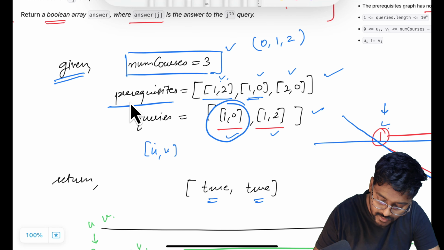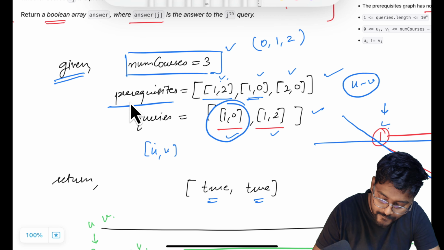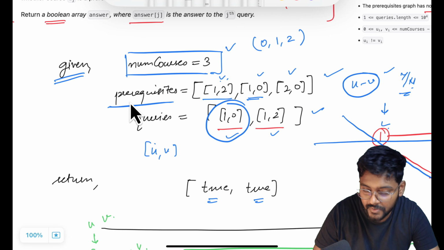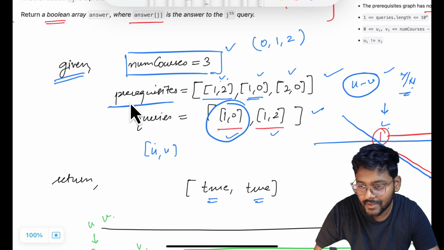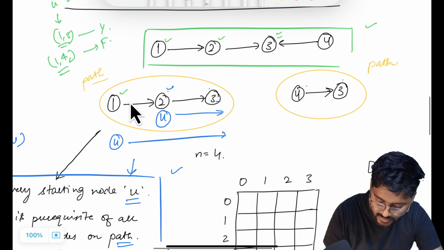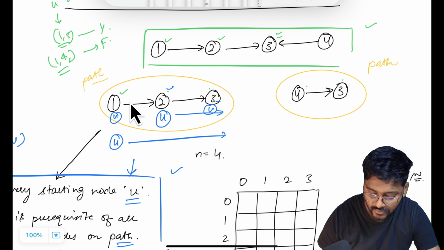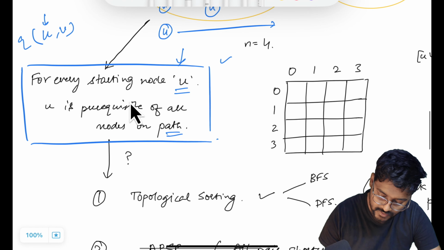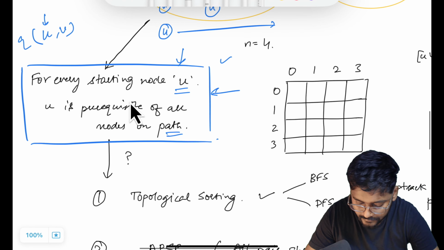For every query u to v, whether the answer is yes or no, whether u is a prerequisite or not, we can directly say it if we have the path. If v is on the path from u, then u is a prerequisite of it. So this is something that we have to do.